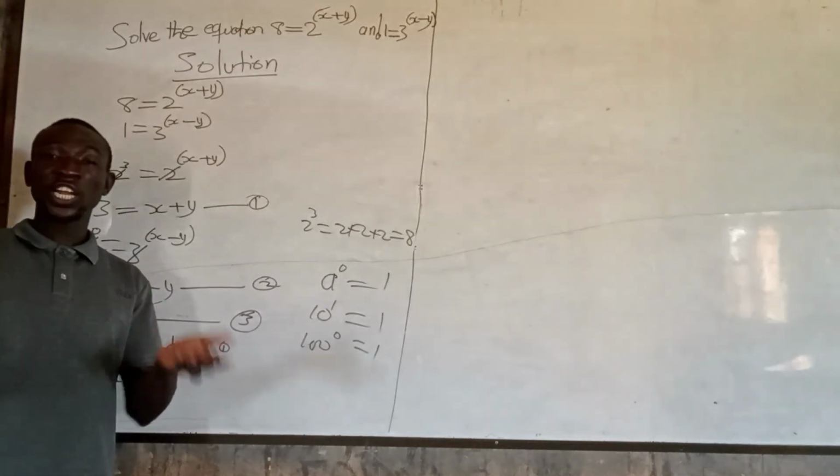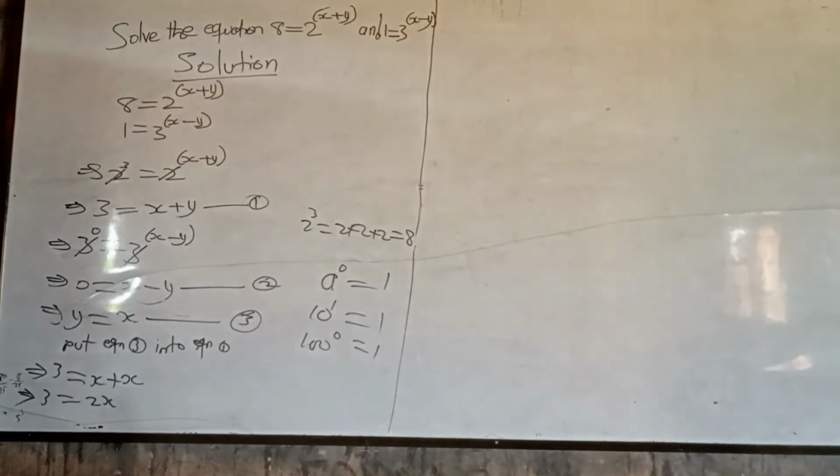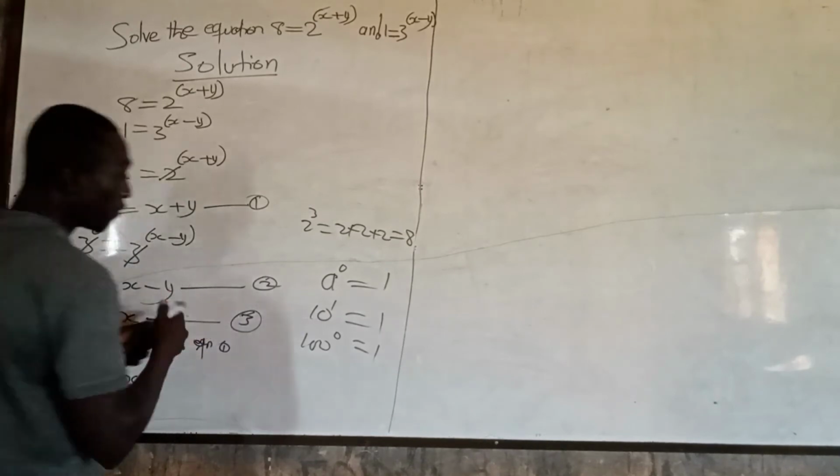But we are looking for x. And because we are looking for x, we make x the subject by dividing both the left hand side and the right hand side by the coefficient of x.